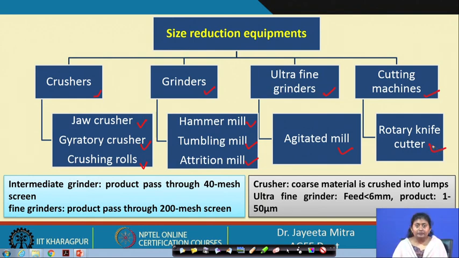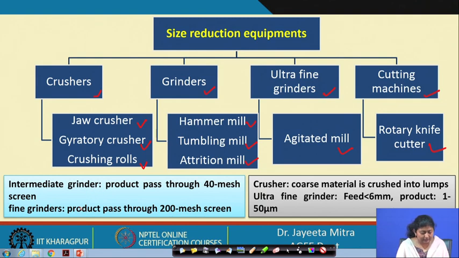All these work on certain principles of impact, compression, shear or cutting mechanism, and in most cases not only one single method, but two or more forces are applied in different size reducing equipments.